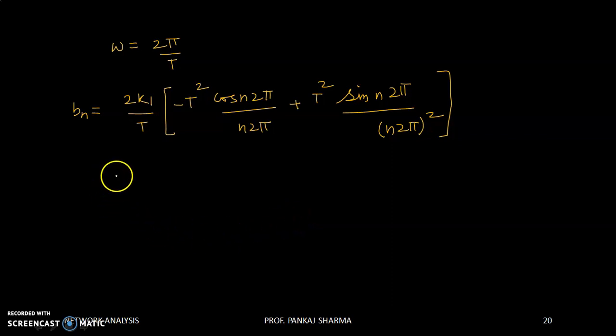This gives you the result minus k1 upon n pi.